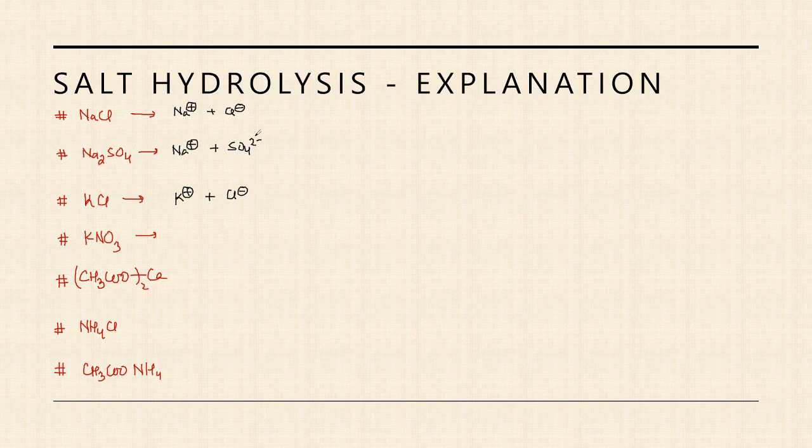Cl minus, K plus, NO3 minus. This will give CH3COO minus and Ca2 plus. This will give NH4 plus, Cl minus. This will give acetate.